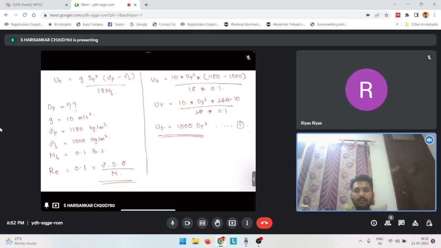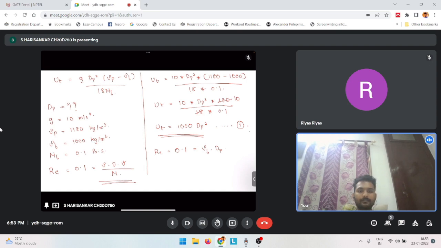So Re, which is 0.1, will be equal to rho f into dp, the diameter of the particle, into velocity of the particle v.